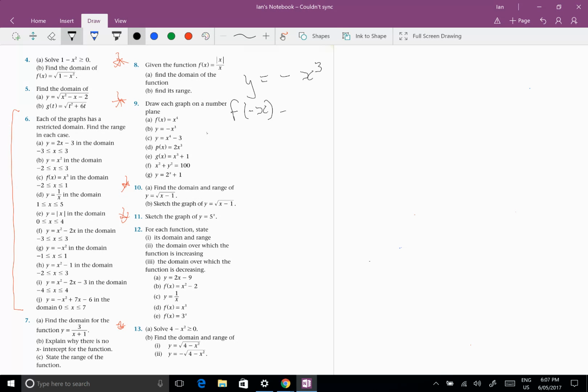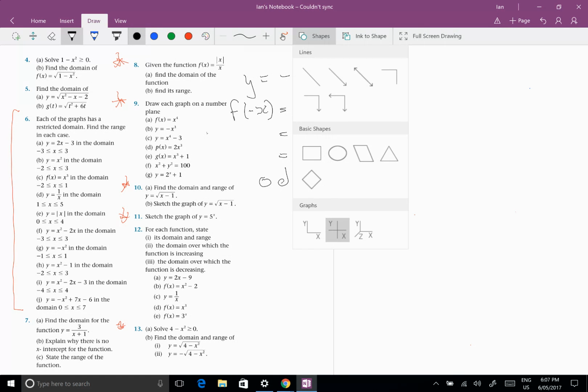That's the key. Well, that's minus x cubed. Minus x times minus x times minus x will be minus x cubed, which is minus f of x. So it's an odd function.